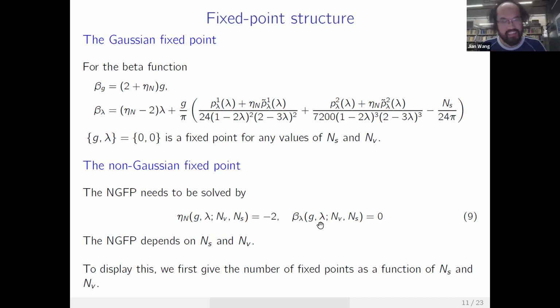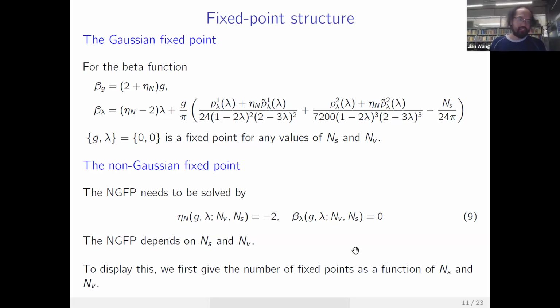Those two equations depend on the matter fields explicitly, which makes the situation really complicated to analyze. So to show the result properly, first I will give the number of fixed points as a function of the number of the fields.